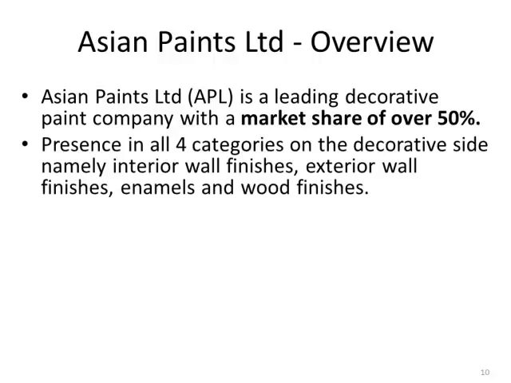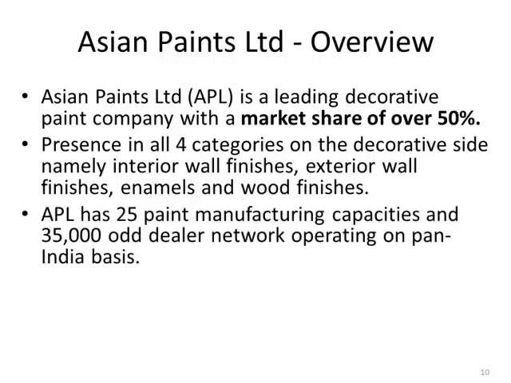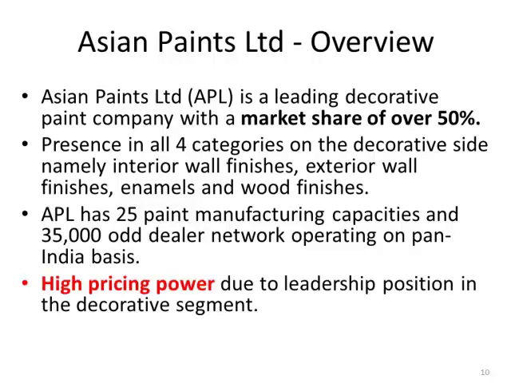They have a presence in all 4 categories on the decorative side, and this includes interior wall finishes, exterior wall finishes, enamels, and wood finishes. APL has 25 paint manufacturing capacities and a 35,000 odd dealer network operating on a pan-India basis. And it has high pricing power due to its leadership position in the decorative segment.